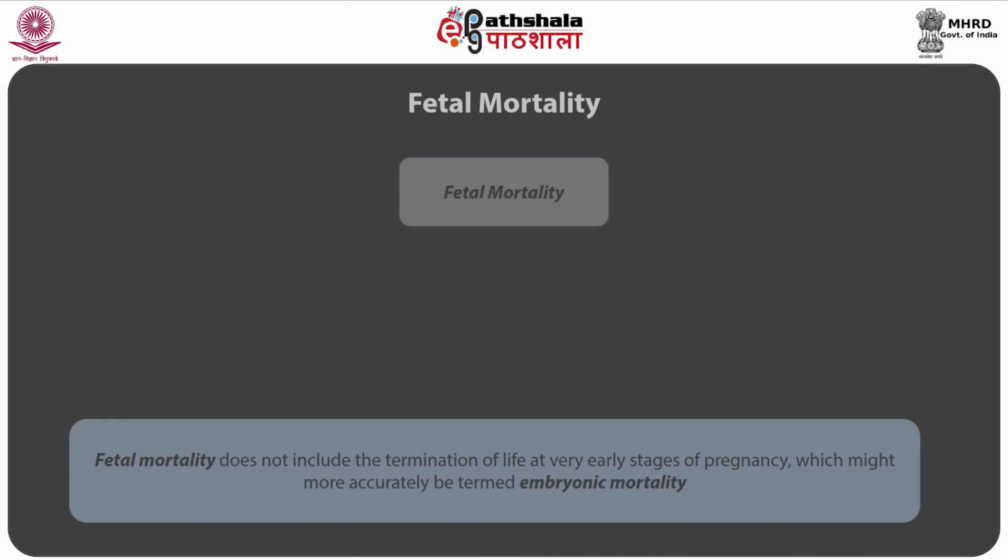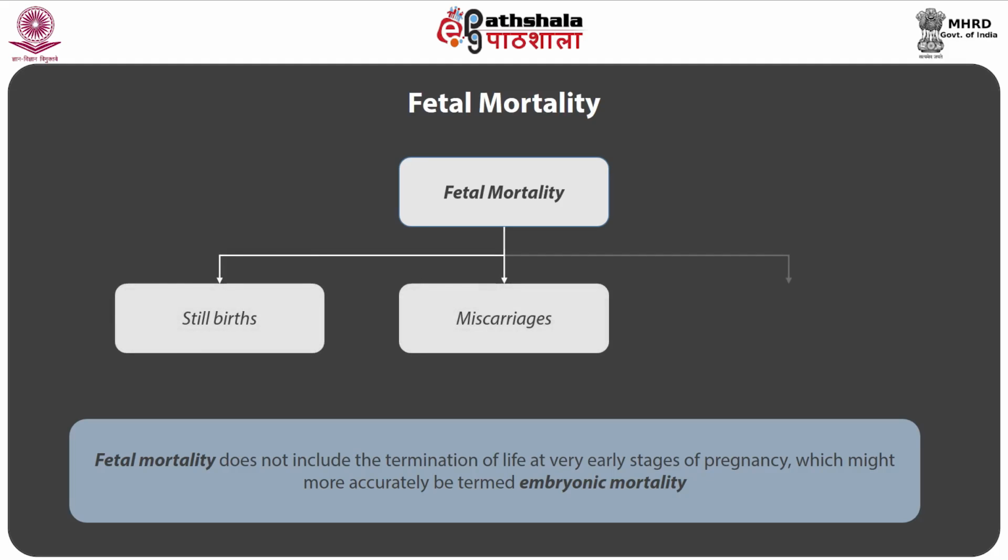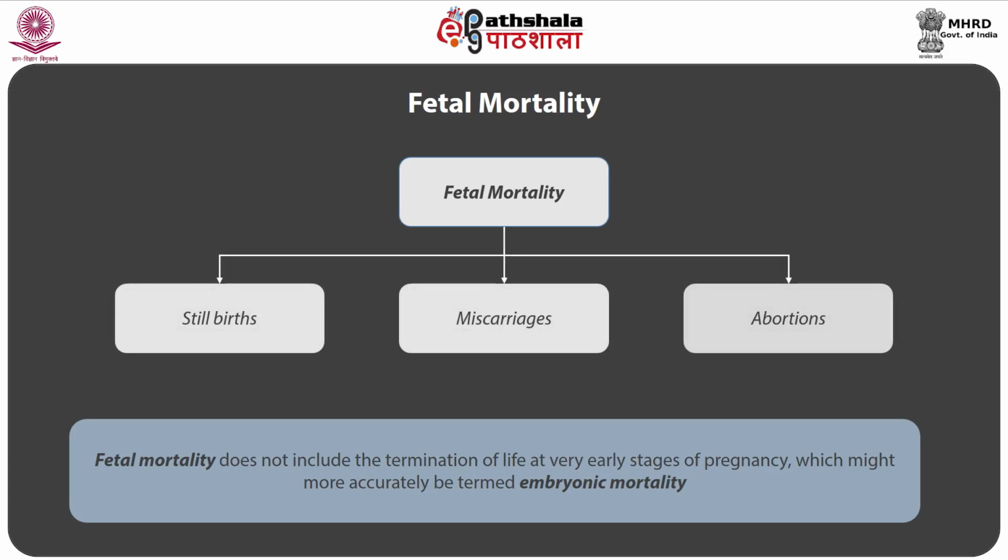Another topic is fetal mortality. Fetal mortality is a term used to cover all stillbirths, miscarriages and abortions. Strictly speaking, fetal mortality does not include the termination of life at a very early stage of pregnancy, which might more accurately be termed embryonic mortality.